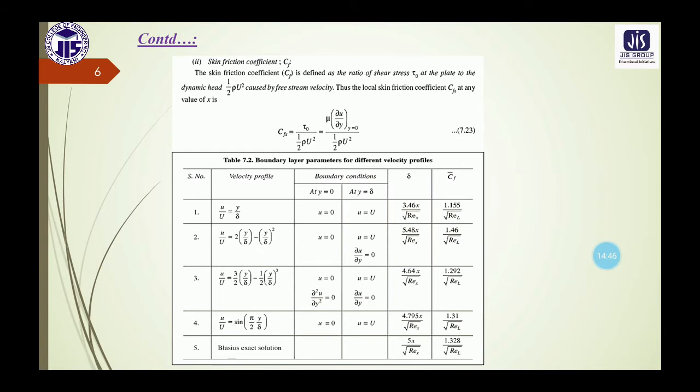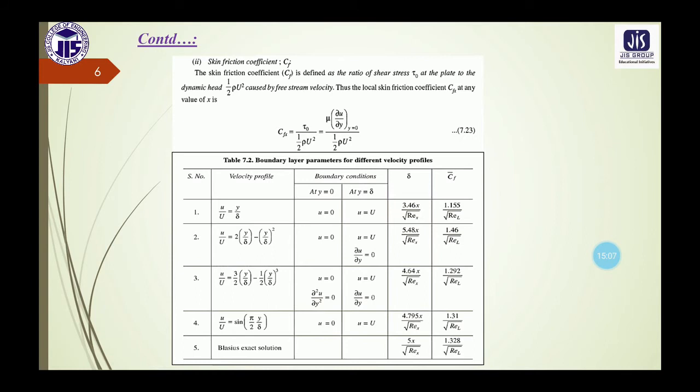Now this tau naught, the shear stress at the plate, can be written using Newton's law of viscosity, which is mu del u/del y at y equals 0, divided by half rho U square, the formula for the dynamic head. So this is the definition of the skin friction coefficient, and this formula will be required to solve the numericals.